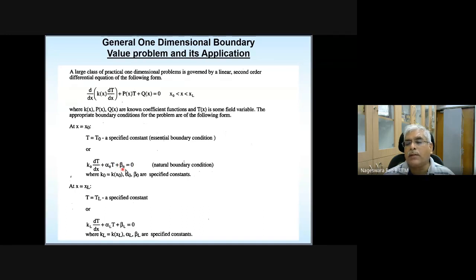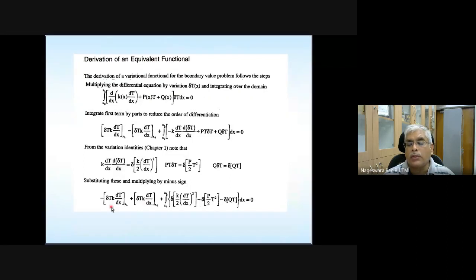You rearrange this equation. Similarly, if a natural boundary condition is specified at x is equal to L, k times derivative of T with respect to x evaluated at x is equal to L is going to be equal to minus alpha L times (T minus beta L). So that is what you need to substitute here to get more general equations. So we will apply that. That is what is done here.